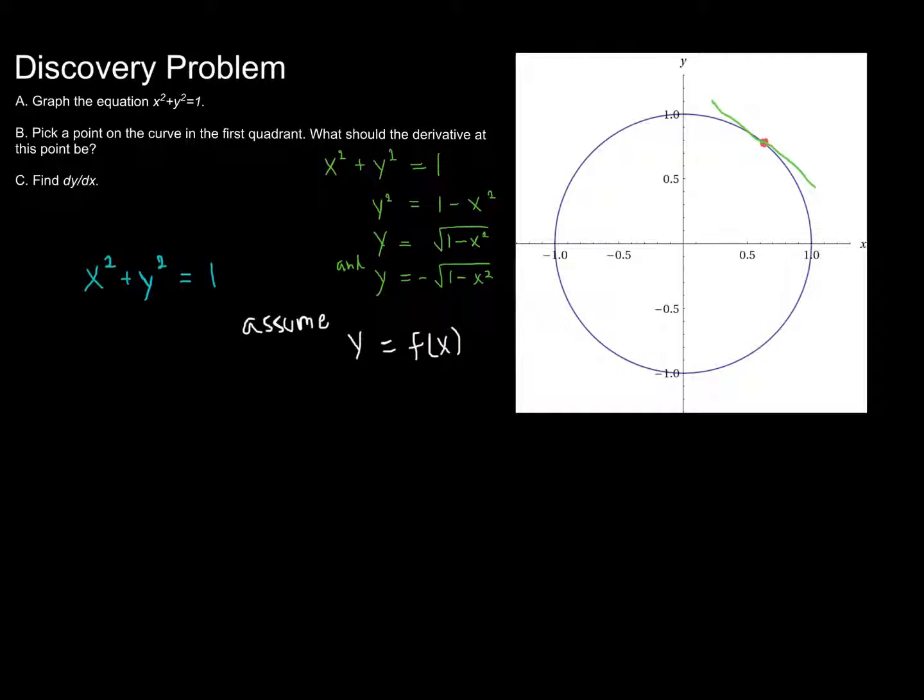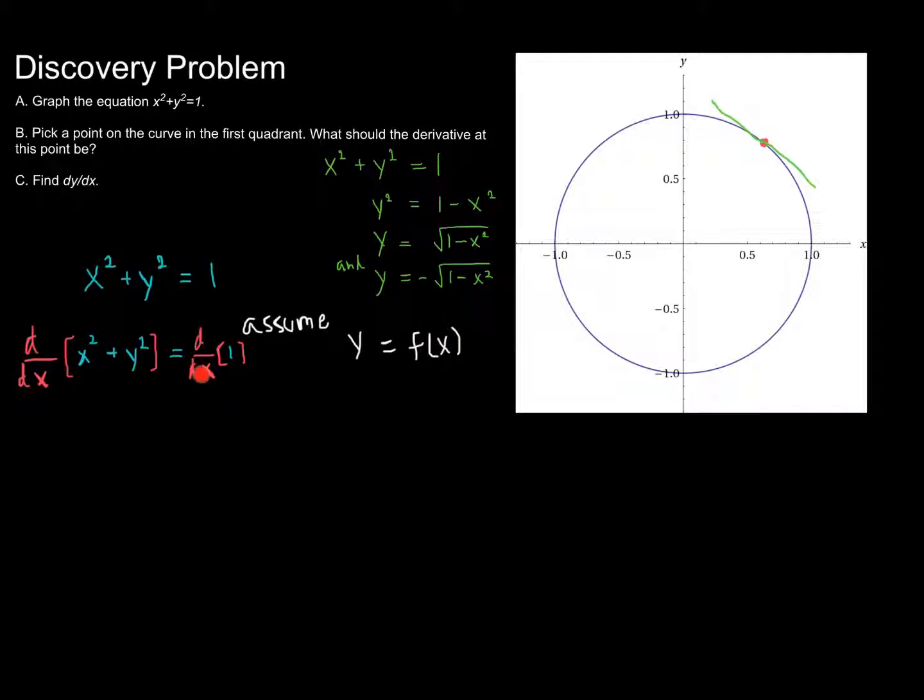Okay? And now with this in mind, I'm going to take the derivative of both sides of my function. I'm going to apply my derivative operator to the left side and take the derivative of the right side. Now notice I want the derivative with respect to x, so I'm taking the derivative with respect to x of both sides. Now the right side is very simple.